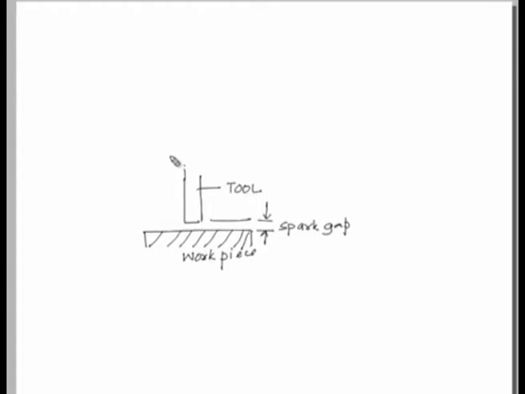The tool will generally be connected to a DC connection and will generally be negative, and the workpiece will be connected to the positive terminal of the power supply. So, here in between will be the power supply.